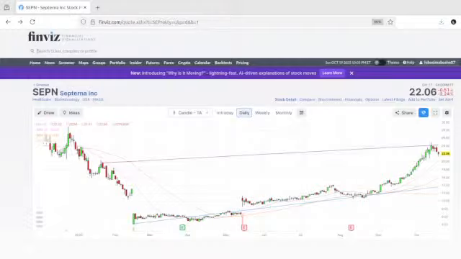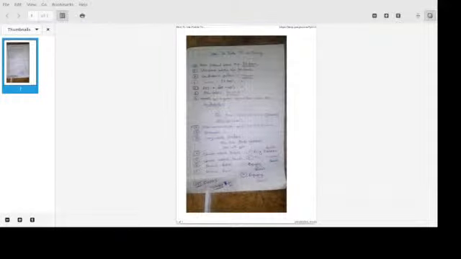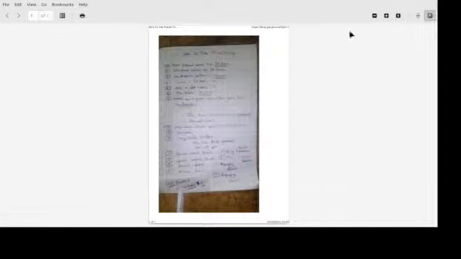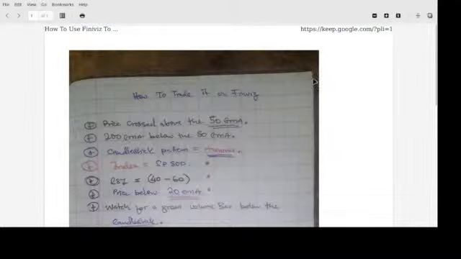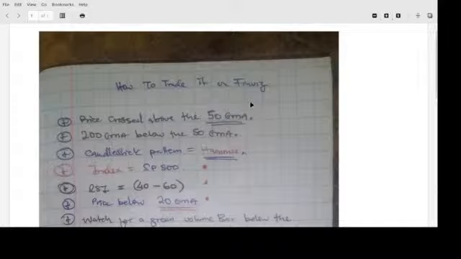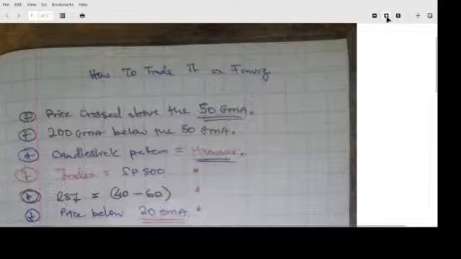Let me see if I can show you. Let's see what we have. So let's go to the next one. Let's go to the next one here. So now I'm going to show you how to trade this pattern on Finviz.